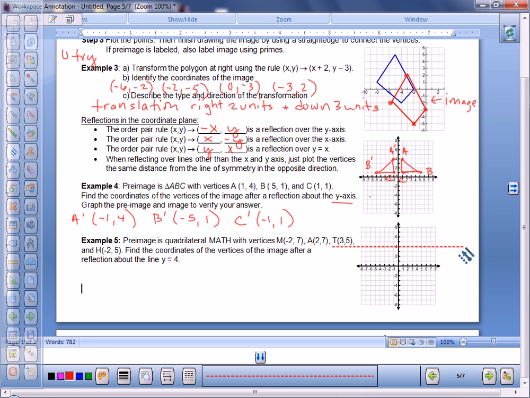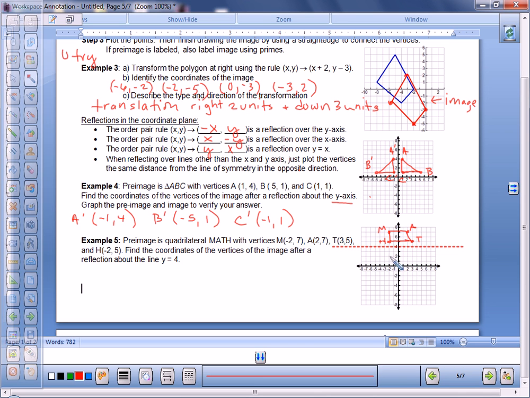Okay, so we're going to plot these points. (-2, 7), (2, 7), (3, 5), and (-2, 5). So there's my little quadrilateral.